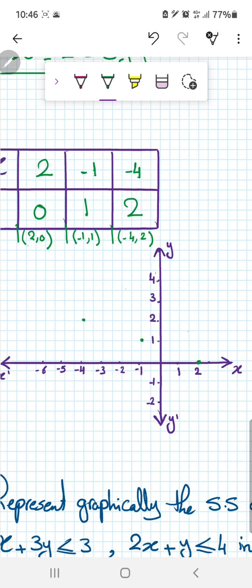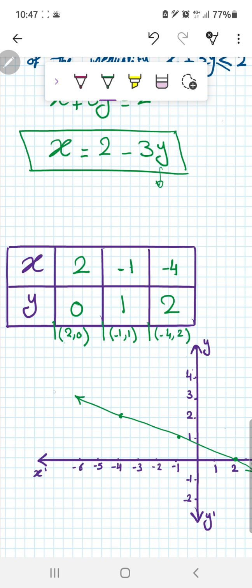And using your ruler, draw a straight line through the 3 points, okay? These 3 points must be on the same straight line. Okay, so here we have this straight line, x equals 2 minus 3y.